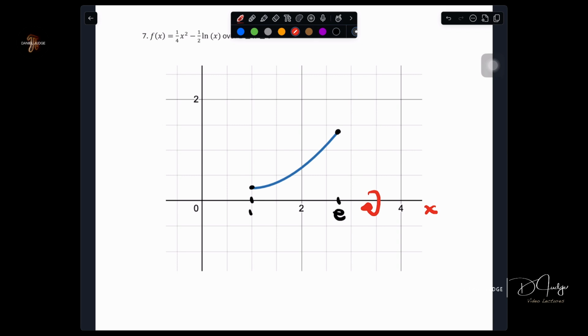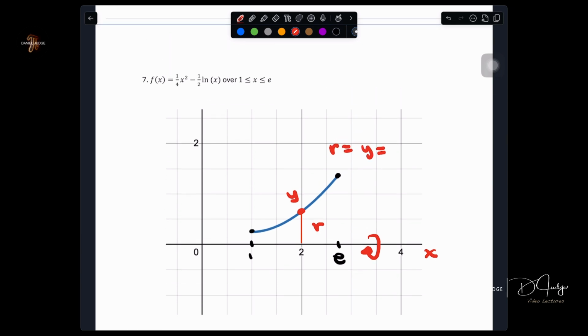And what you'll see here is your radius again is that y coordinate. So r is the y coordinate value, which is the value of this function.